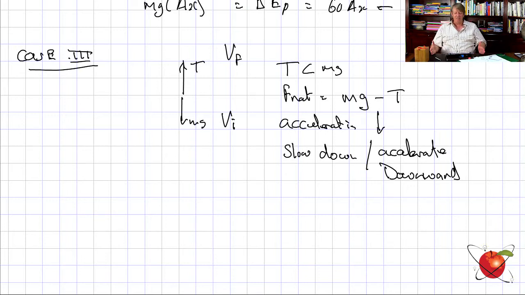Correct? If I was moving up with 20, okay, and the force T slackened, it means that I'm going to slow down. I'm still going to move up. The lift is going to keep moving up, but then it's going to slow down to get to the next floor, right? We accelerate, constant velocity, decelerate to the between floors. Okay? And that is as simple as that.